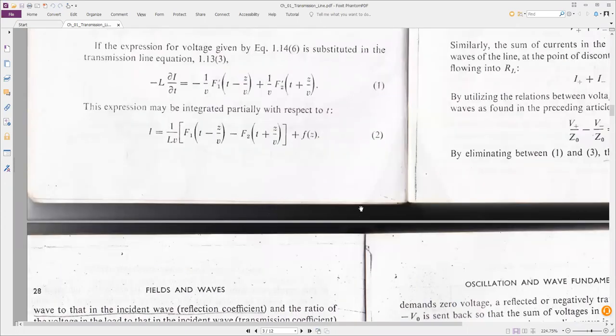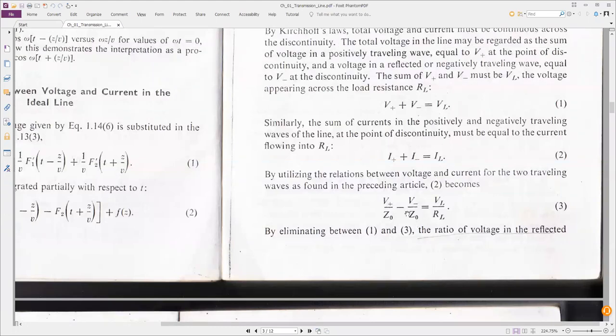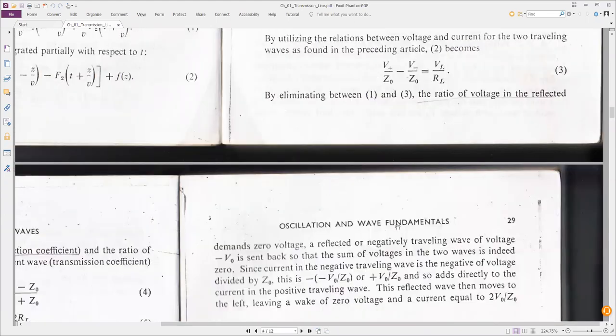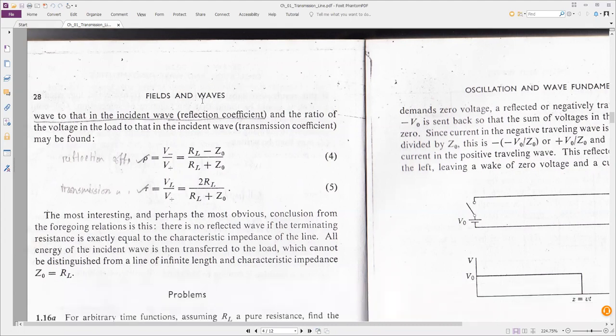It comes from here. You can memorize this one: the reflection coefficient is equal to RL minus Z naught divided by RL plus Z naught. Here RL is the ZL, almost the same thing. Instead of RL, you can write ZL.